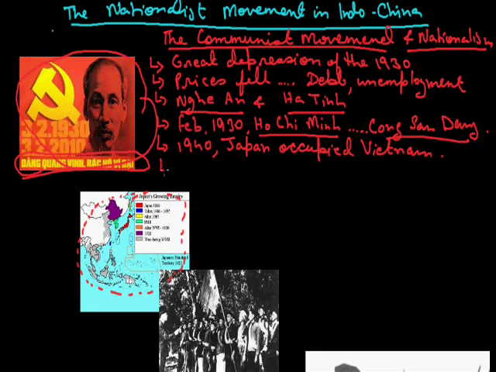Japan occupied Vietnam. Obviously, because of this, as you can see here in this picture also, we see the formation of Viet Minh. Viet Minh is the army, formed to fight against the Japanese during the Second World War.